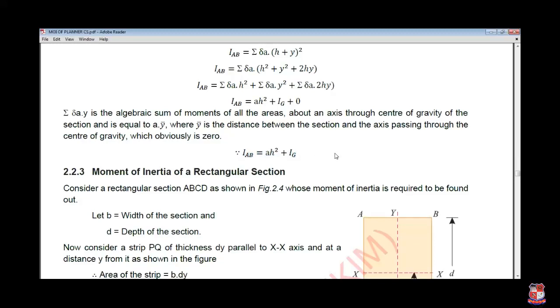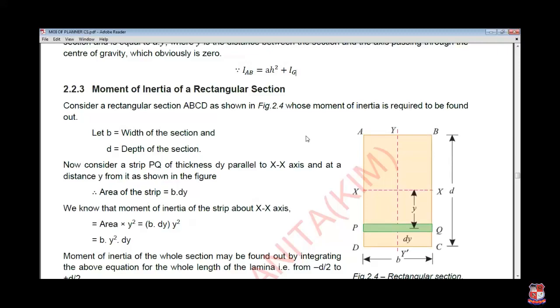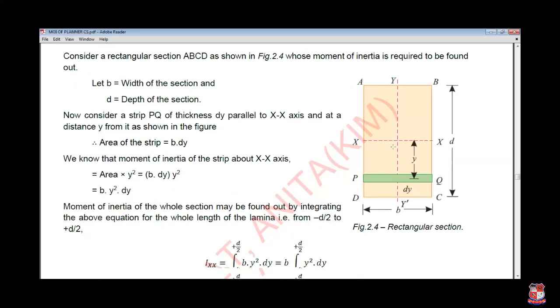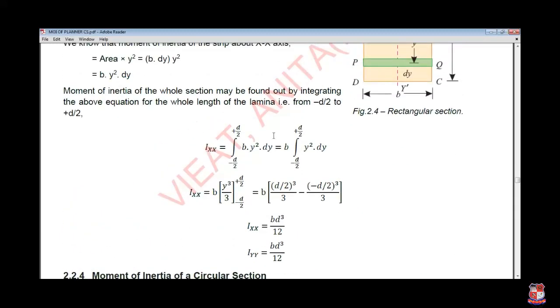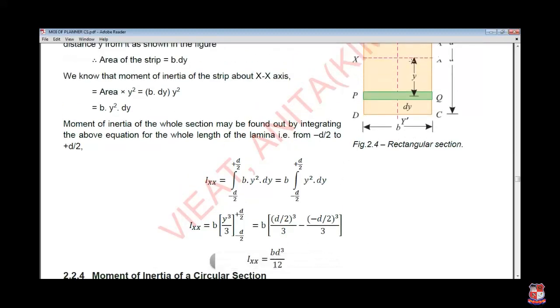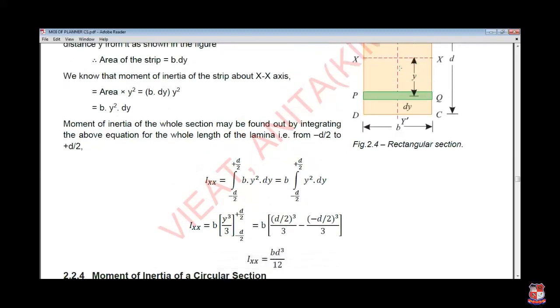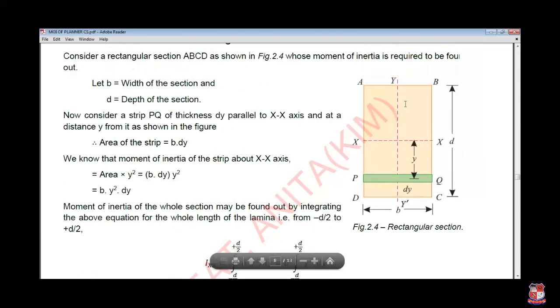Now, the moment of inertia of different sections, that is the important part. If you consider a rectangular section, its centroid is located here. The formula that you have to remember is I_xx equal to b d cube by 12, the moment of inertia about xx, where we consider the perpendicular distance about the x-axis. And I_yy is equal to d b cube by 12.